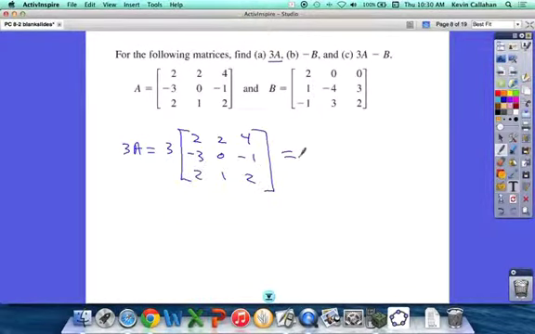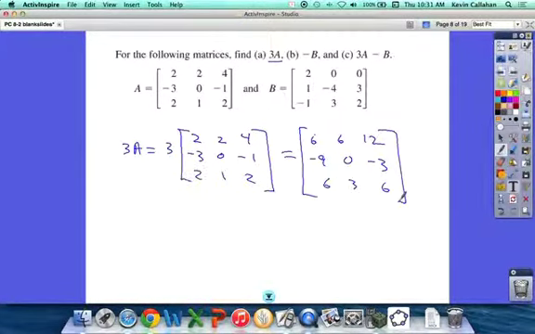And how would you guess that you do that? You multiply every entry by 3. So let's do that. 3 times 2, so 6, 6, 12, -9, 0, -3, 2, 6, 3, 6.